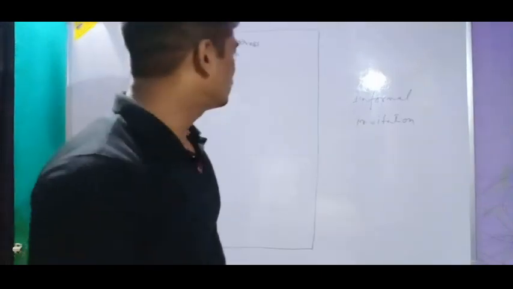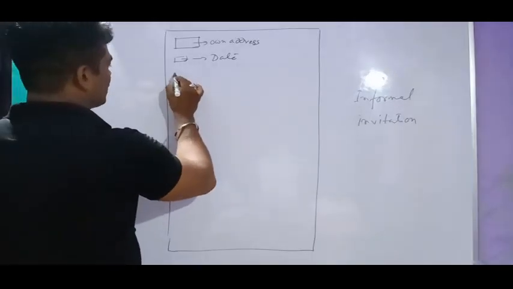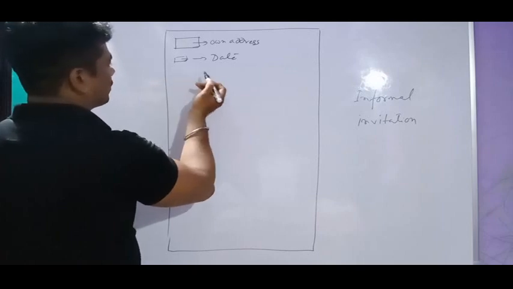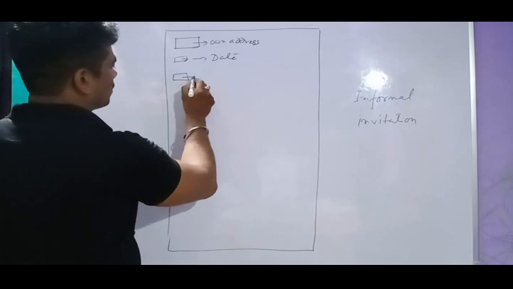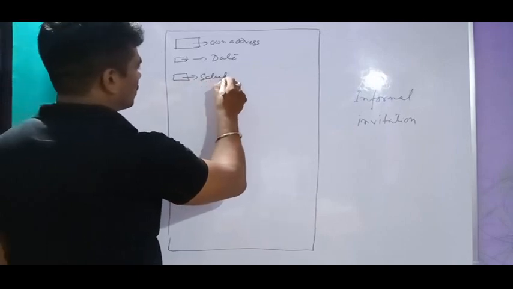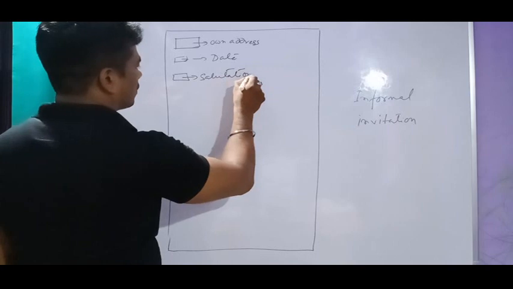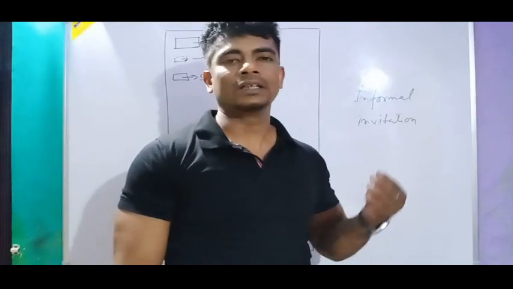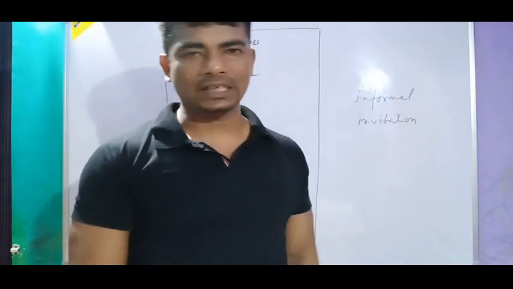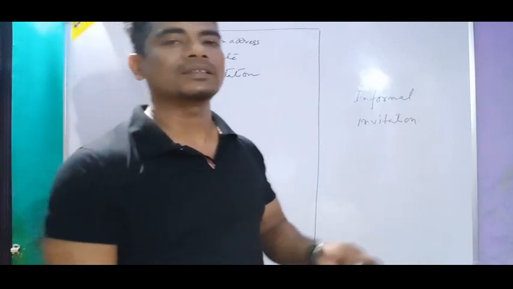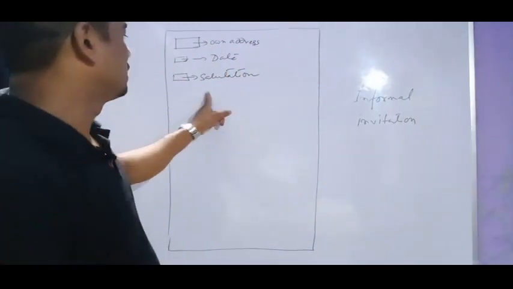First, your own address, then date. After that, you can write here the salutation. You know, when we address someone here, dear cousin, dear friend, dear brother, dear sister, dear uncle, you can write here the salutation.